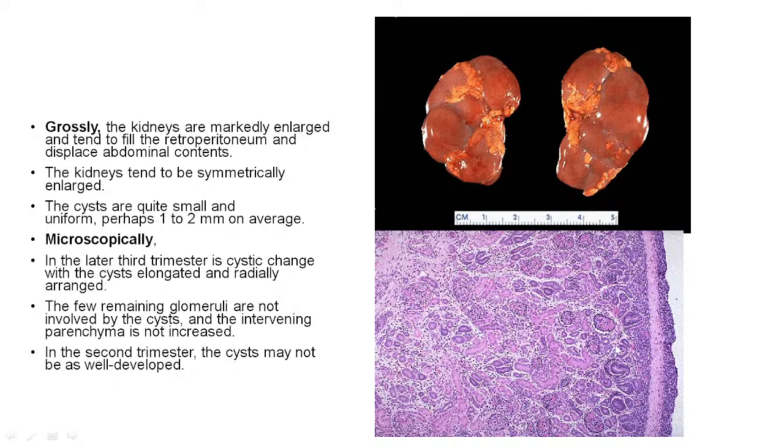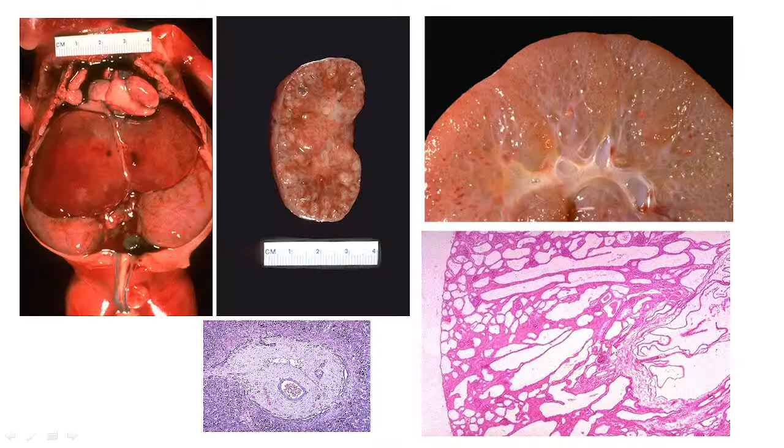So, in comparison to this developing parenchyma, what will happen in this disease condition? Here we are able to see autosomal recessive polycystic kidney disease. This is the area of cortex and this is the area of medulla. If you see where the cysts are primarily located, they are located in the cortex.